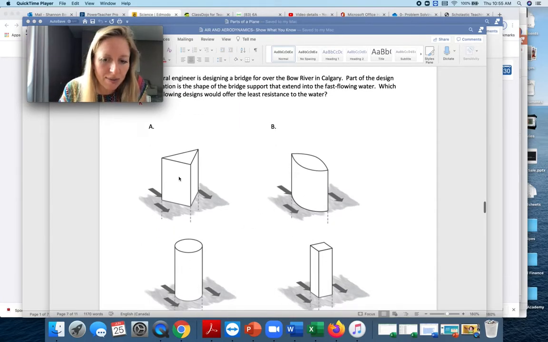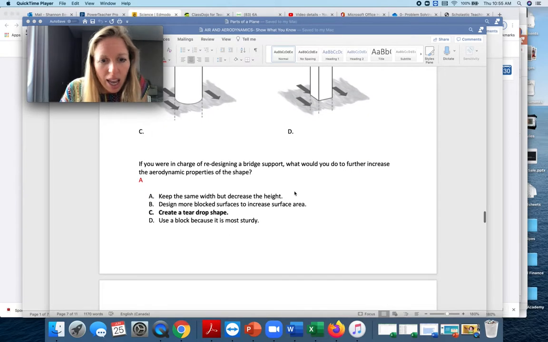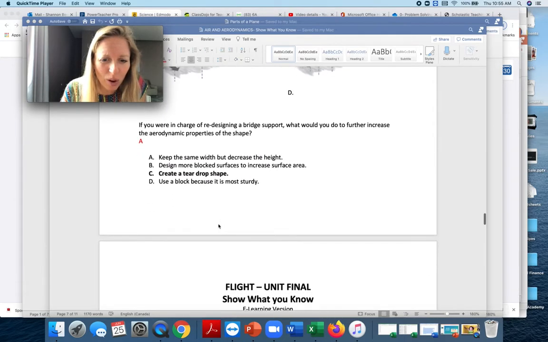Block surface, good, but it's going to create eddies and turbulence behind. So B is the most aerodynamic position. But is there an even better one? If you're redesigning the bridge support, what would you do to further increase the aerodynamic properties of the shape? Create a teardrop shape. That's the best one. Yep, we learned that in one of our labs.